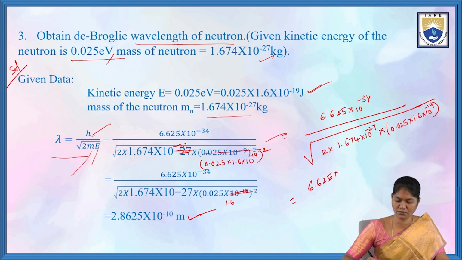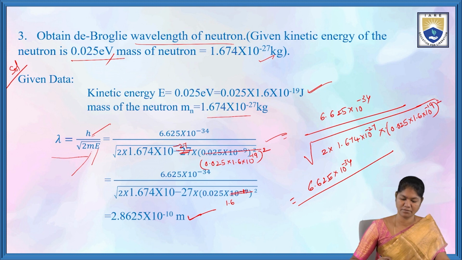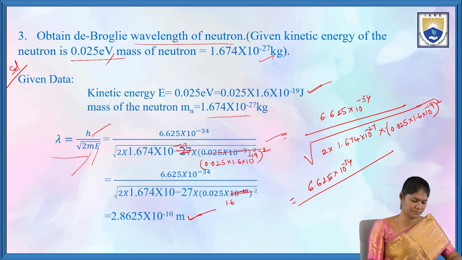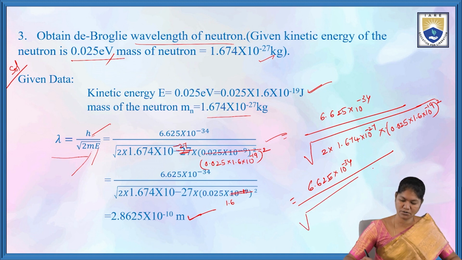So 6.625 into 10 power minus 34 divided by root of 2 into 1.674 into 10 power minus 27.